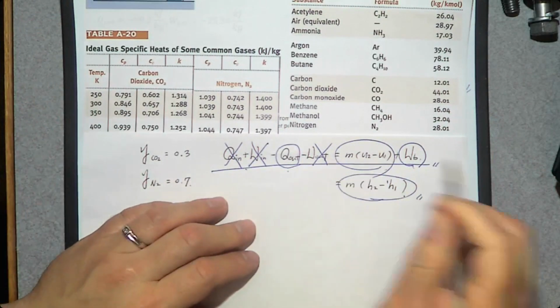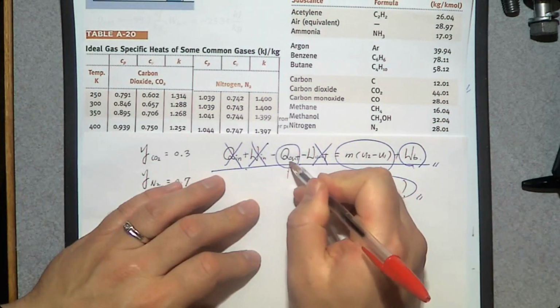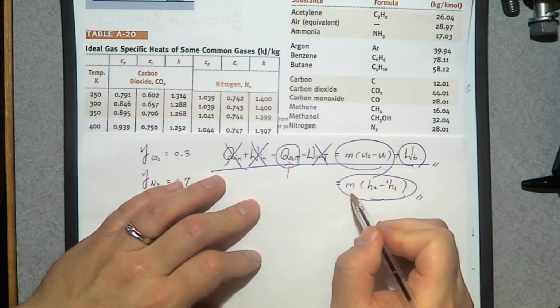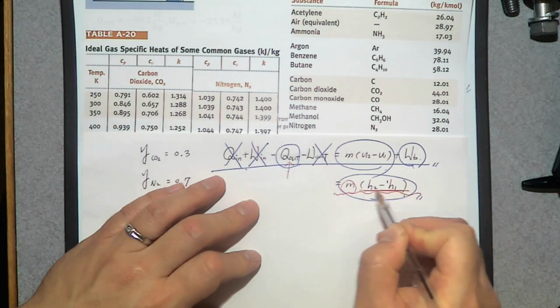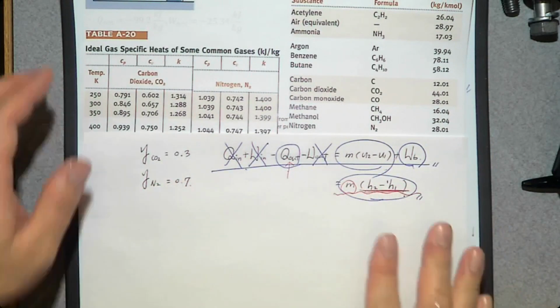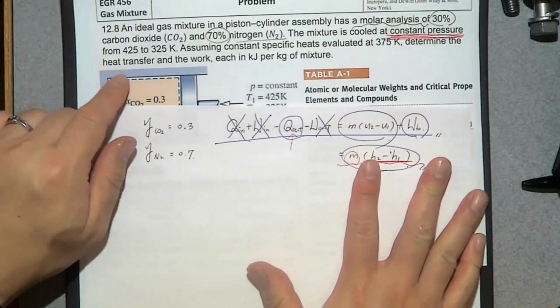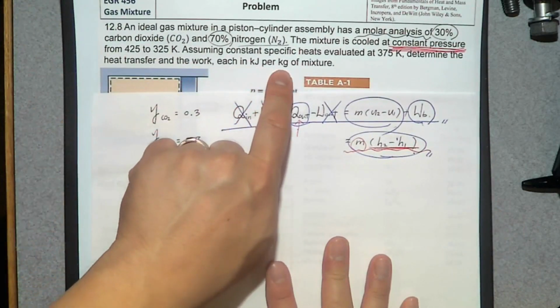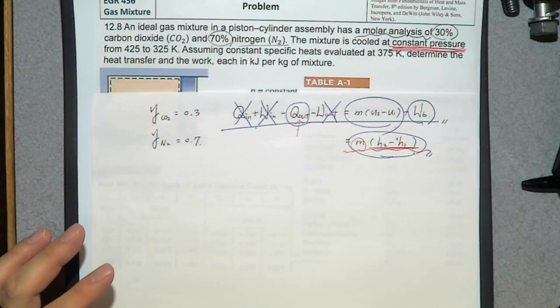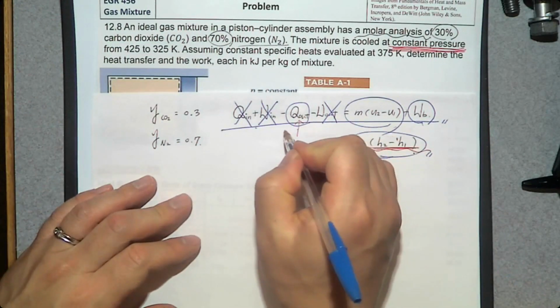Then, to determine this energy transfer by heat, we can use this one, mass times H2 minus H1. But we want to determine the heat transfer in kilojoule per kilogram. That means you can divide each term by mass.